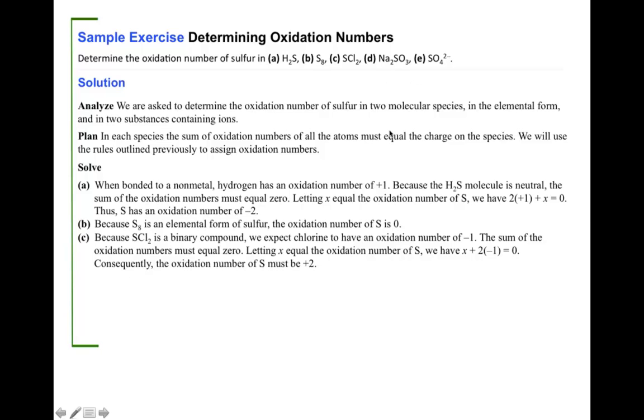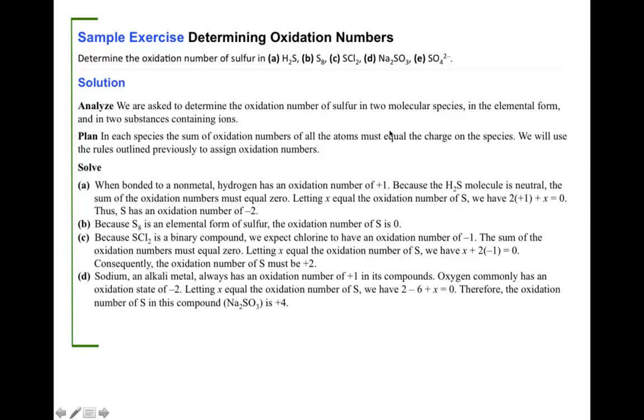Let's see example D, sodium sulfite. Sodium is from family 1, and is going to have an oxidation number of +1, and we have 2 sodiums. Oxygen is -2, and we have 3 of them.